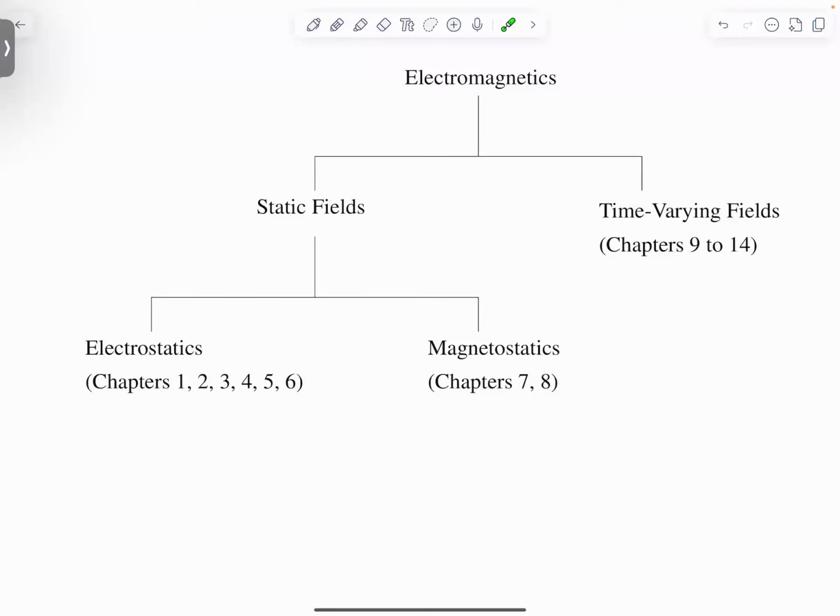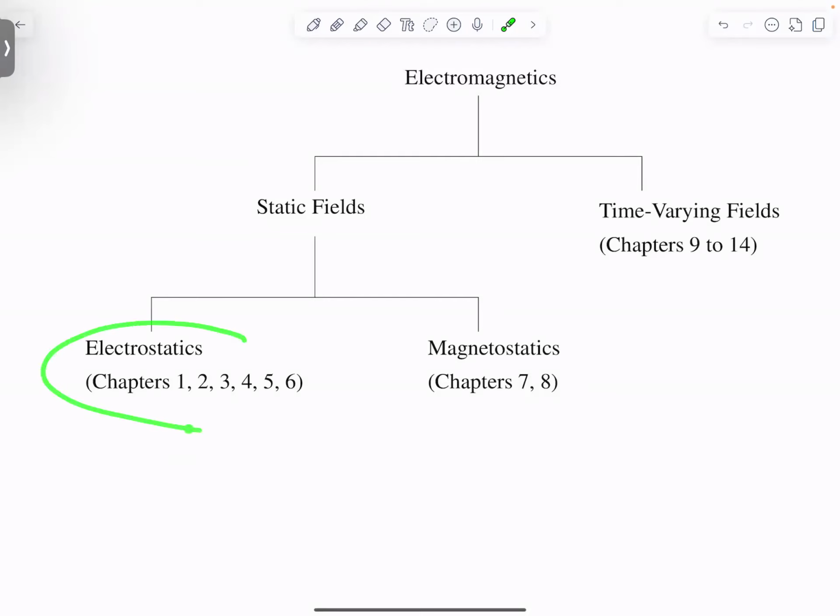So we're talking about fields that are not changing with time. We haven't even concerned ourselves with time at all. Everything is fixed. In all our expressions, we have X, Y, Z, but no time. Everything is static. And static fields is further divided into two categories.